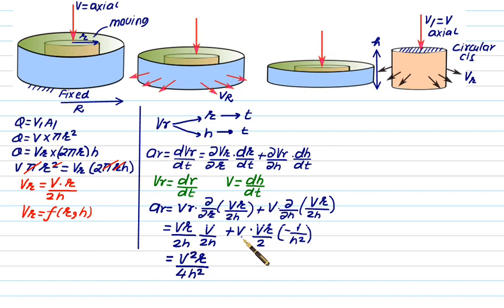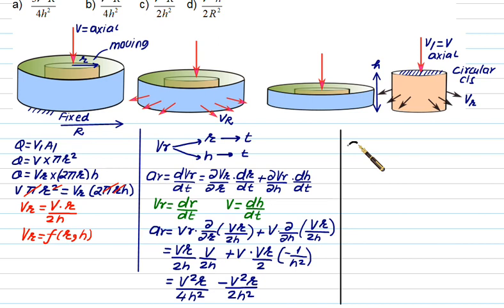The second term is negative, and we have minus V square into R divided by 2h square. So we have radial acceleration AR equal to V square R by h square common, so V square into R divided by 2 times h square, and what is left is 1 by 2 minus 1, which is minus 1 by 2.